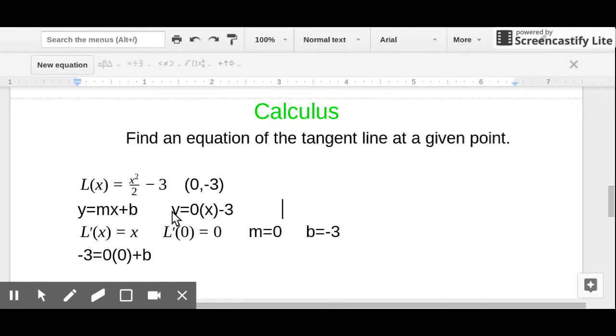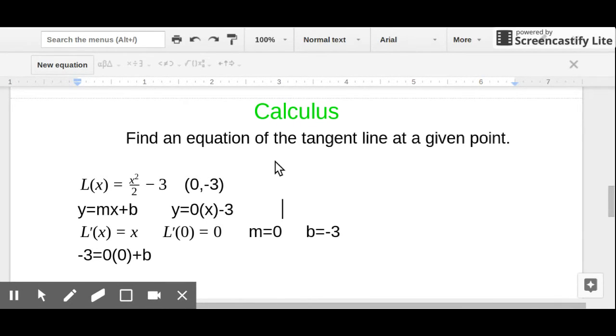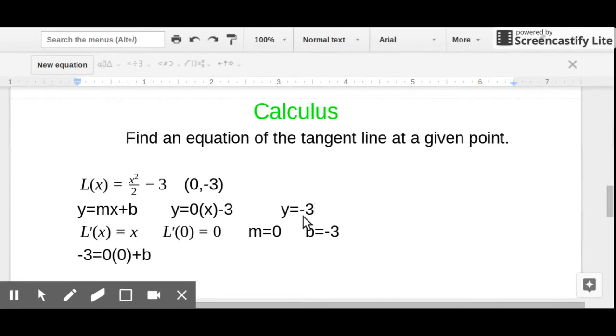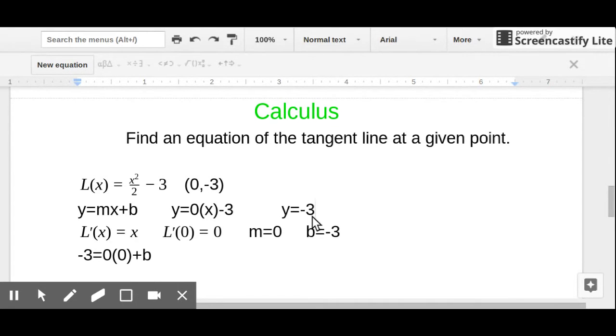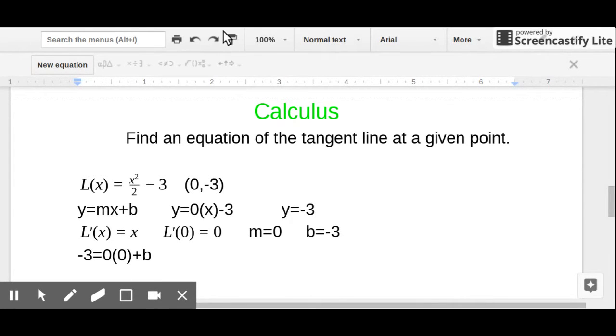And of course we can simplify this now. 0 times any number is still going to be 0, so this simplifies down to y is equal to -3. That's going to be the equation of the tangent line that passes through the point 0, -3.